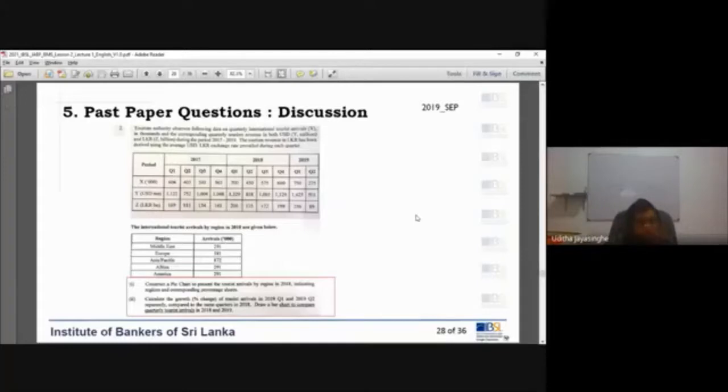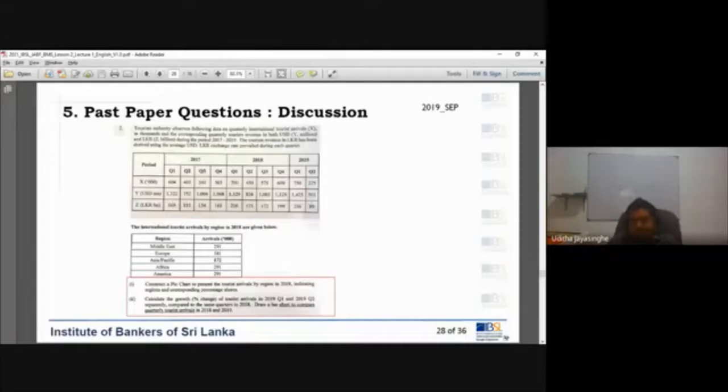And the corresponding quarterly tourism revenue in both USD million and in LKR billion during the period 2017 to 2019. So you have USD million revenue coming for this individual tourist arrival in the second row, Y variable, and Z variable the same in rupees. Don't forget that when we are moving ahead with time, this ratio should be different.